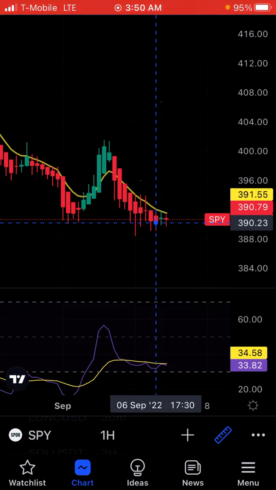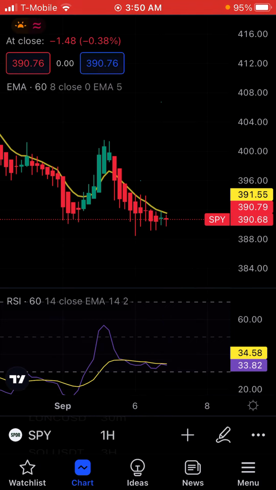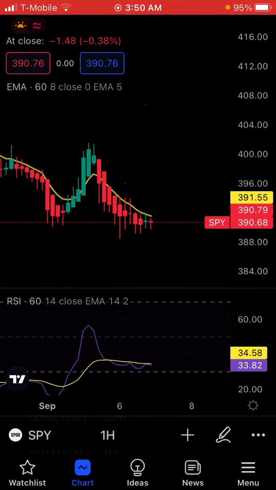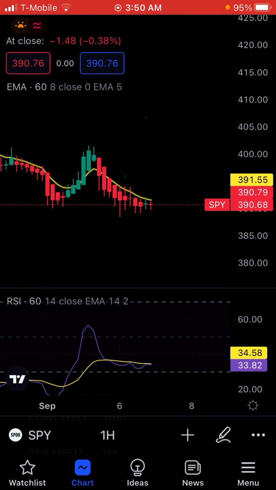Now if you don't do it by the day, I would do it by the hour. If you're the kind of person that just wants to make, like, $400 a week or something, it's really easy to find little moments where it goes up or down. So you can make short gains.